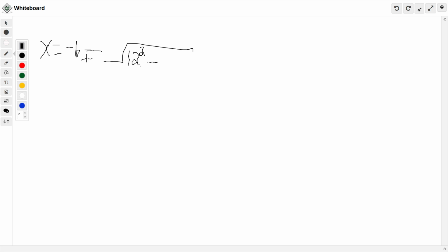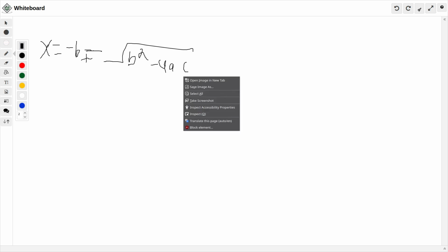Oh, I'm an idiot. Why am I saying 12x? I'm writing the quadratic formula, not my equation, so plus b to the power of 2, minus 4a squared. I mean, not 4a squared, 4ac.